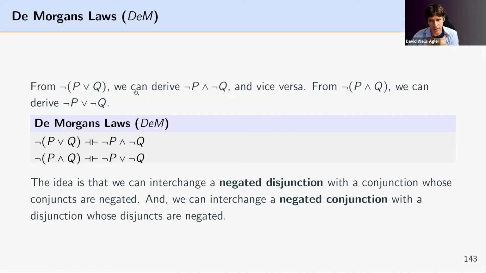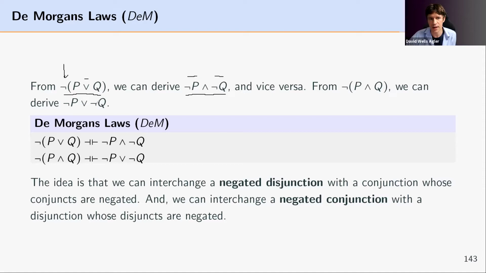So DeMorgan's Laws say that if you have a negated disjunction, so not, here's the negation, it is the main operator. So it's negating a disjunction right here. You can derive a conjunction where the conjuncts of the original disjunction are now negated.